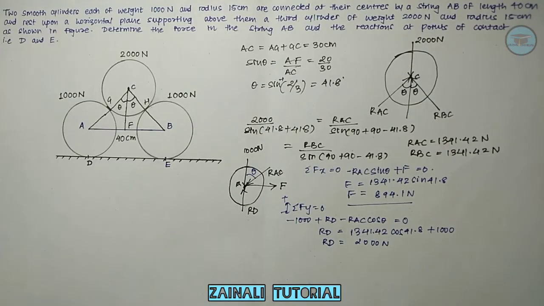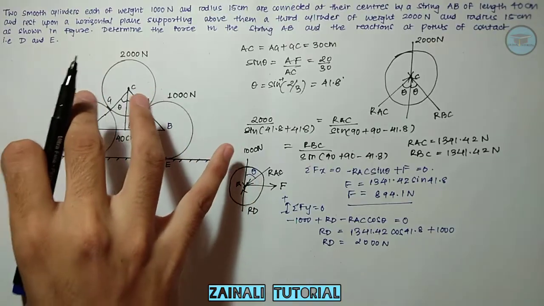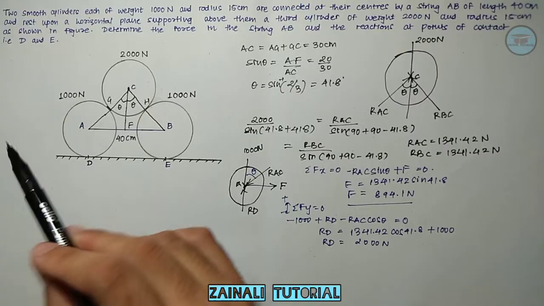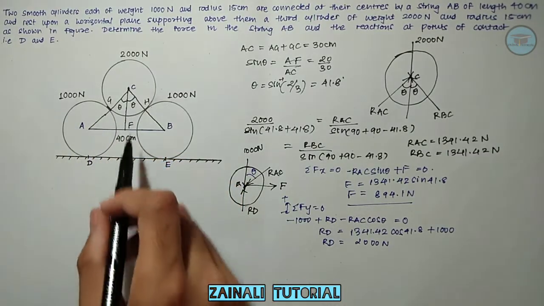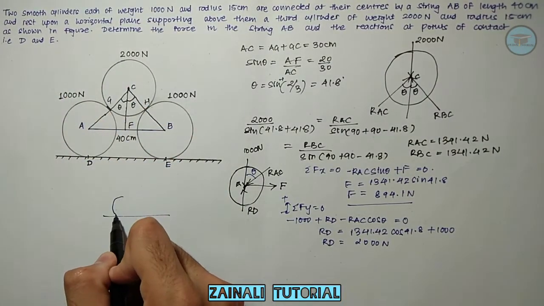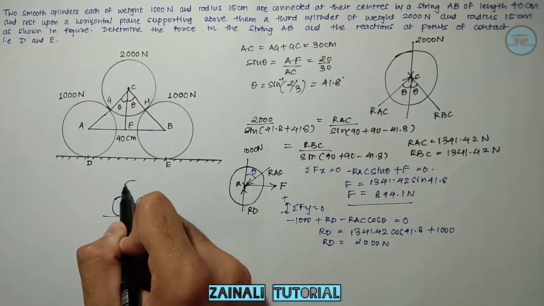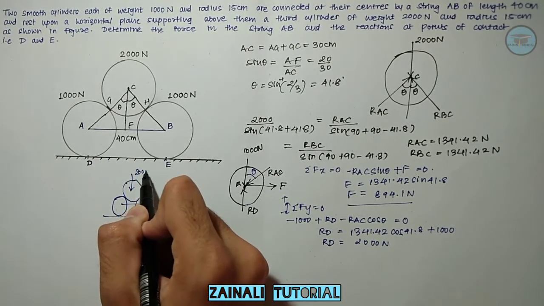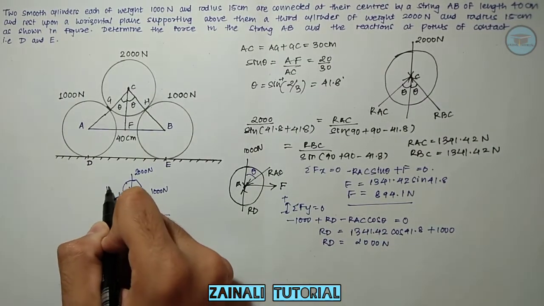Now we are considering all the three cylinders simultaneously to be in equilibrium, so we need to consider only the external forces. We don't need to consider any internal forces. The free body diagram would be somewhat like this. There would be the self weight of each cylinder. This is 2000 Newton, this is 1000 Newton, similarly this is 1000 Newton.